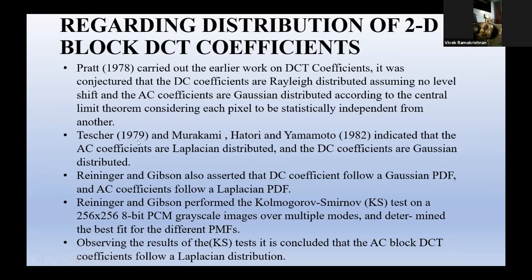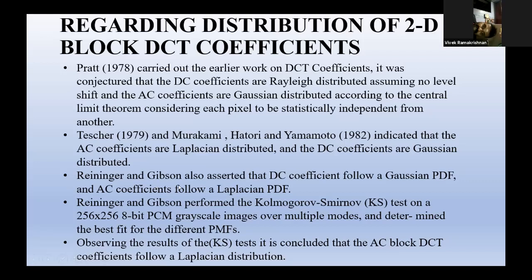Then in 1979, Tescher, and Murakami, Hatori and Yamamoto in 1982, indicated that AC coefficients are Laplacian and DC coefficients are Gaussian. So what I want to get through the exposure fusion approach, I am getting through a one-step DCT transform. So these are some hints wherein we were motivated to go for the DCT transform.